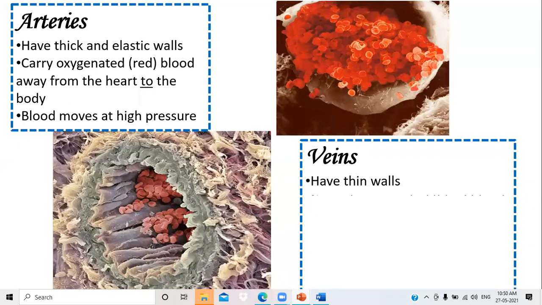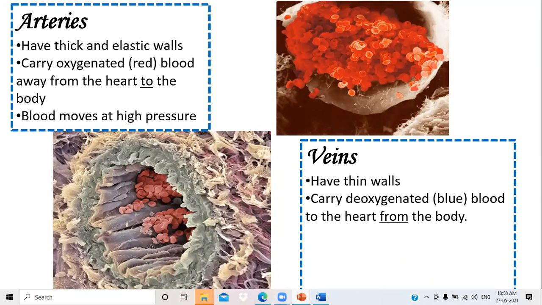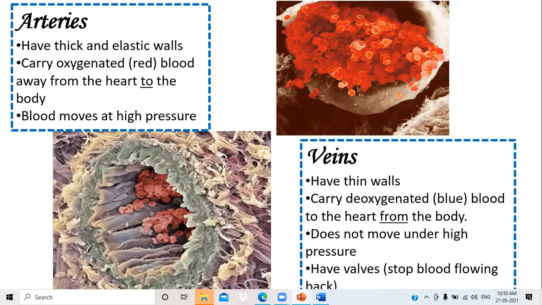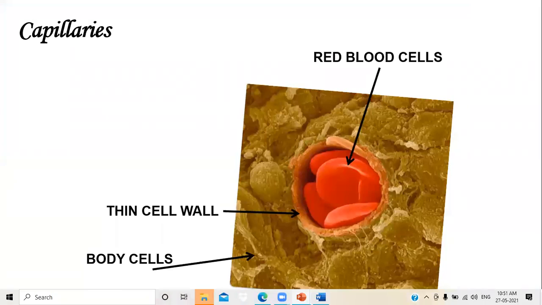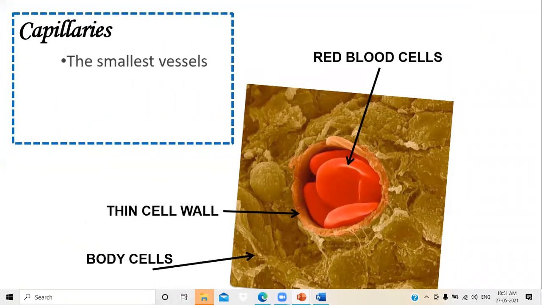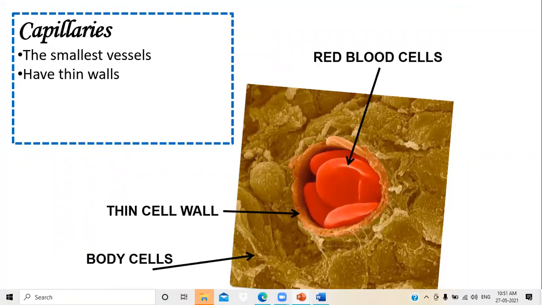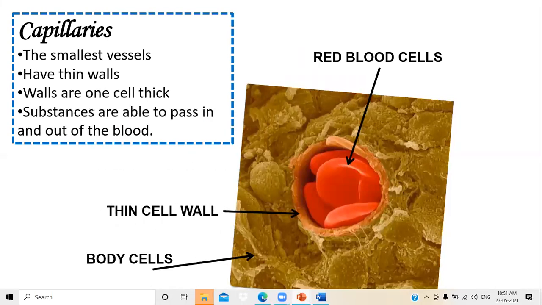They carry deoxygenated blood, and they contain valves which control the movement of the blood inside them. The capillaries are like small roads that connect the arteries and the veins, and they are very thin, with the smallest diameter, to the point that only one cell can pass through them at a time.